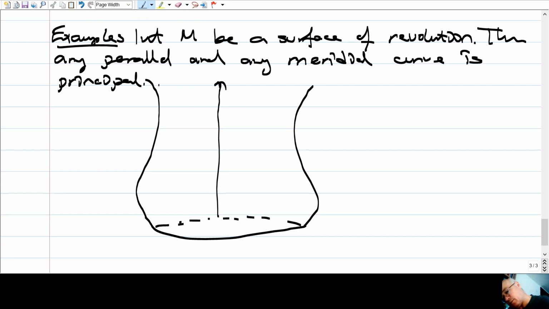And if I rotate this, I will get a surface like this.